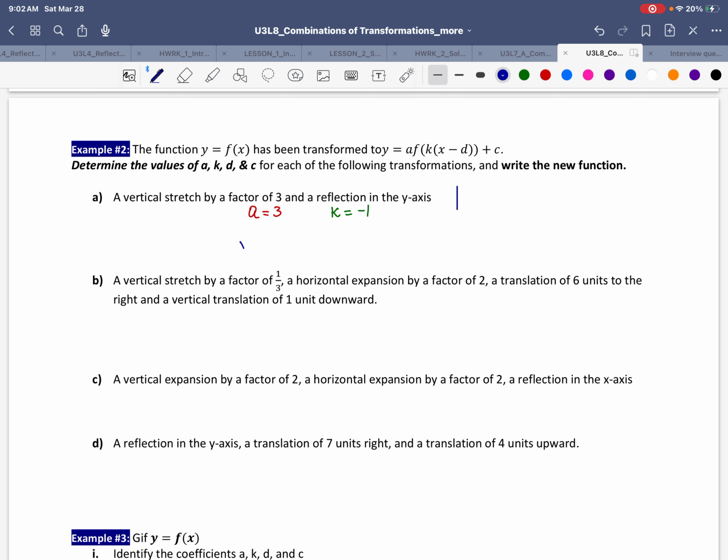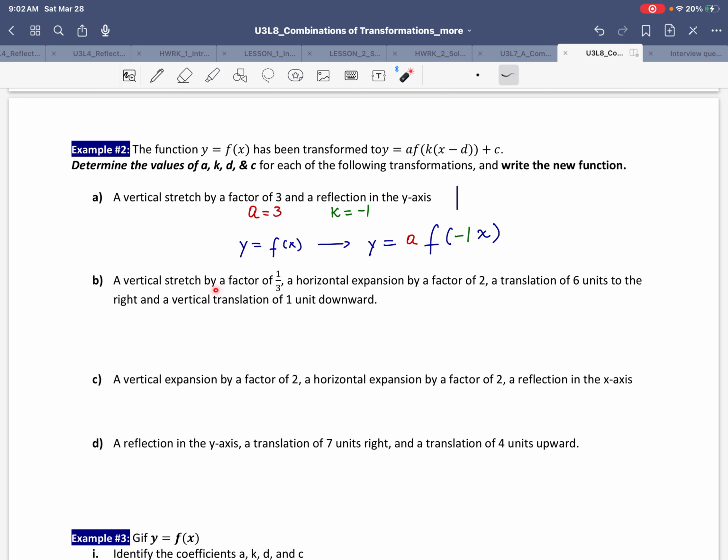So therefore, the equation y equals f of x has changed to become y equals a f of -1x. Now you don't have to write the -1. You may as well just write the negative sign, and that's it.